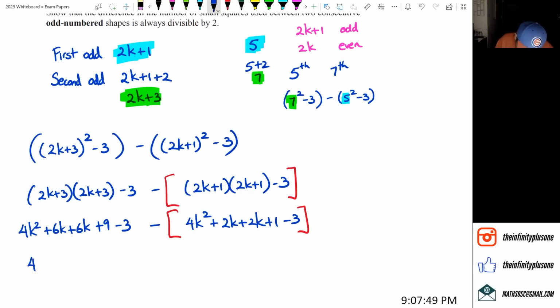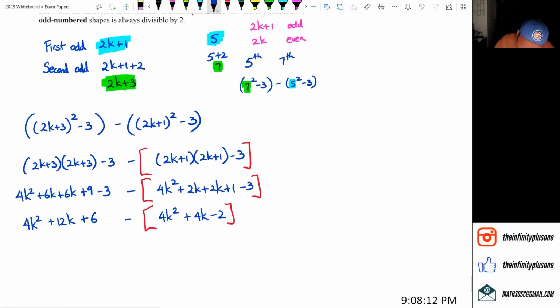Simplifying on this side of it, we're going to get 4k squared plus 12k plus 6 minus, and inside the red bracket we've got 4k squared plus 4k minus 2. Now because we've got it all under that big red bracket, we've got to multiply by negative 1. So 4k squared plus 12k plus 6.